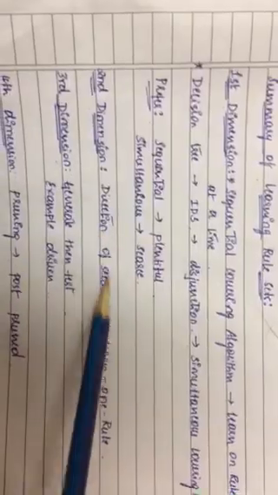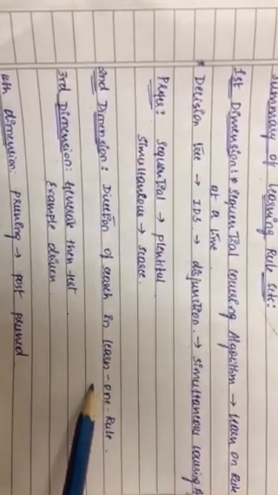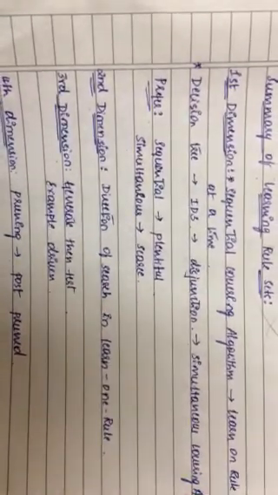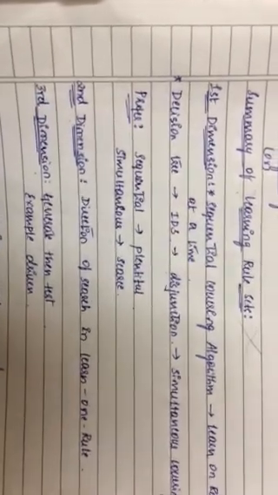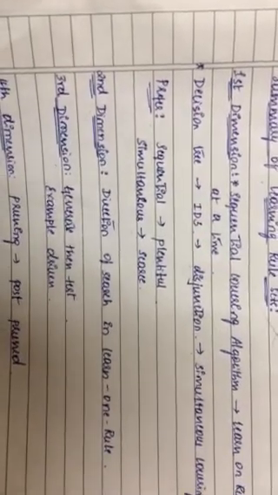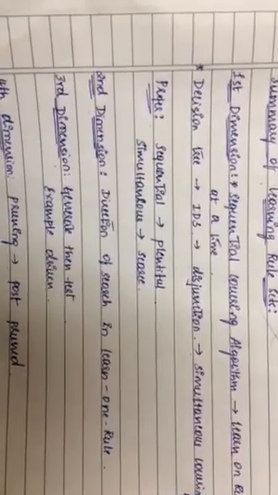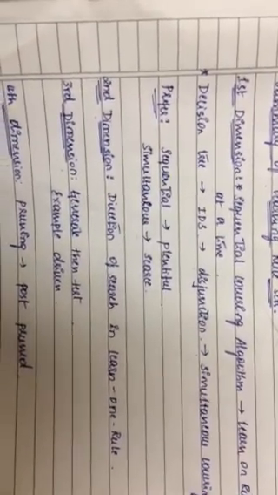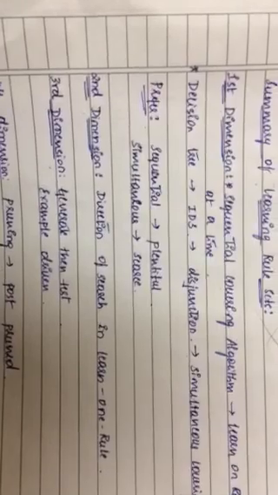So I'll revise it again. In the second dimension, we are going to find out which direction of searching is the best one. We have two directions: one is general to specific search and the next is specific to general search.